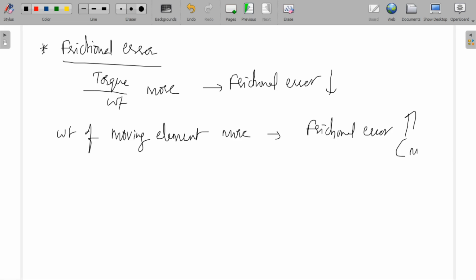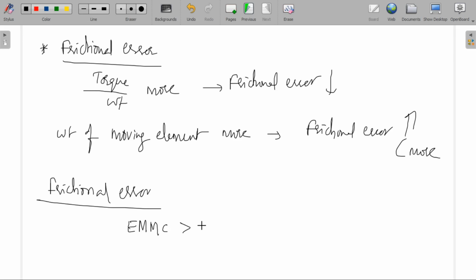Okay. Order of frictional error: EMMC or dynamometer type instrument, EMMC having more frictional error, and next PMMC, then MI.